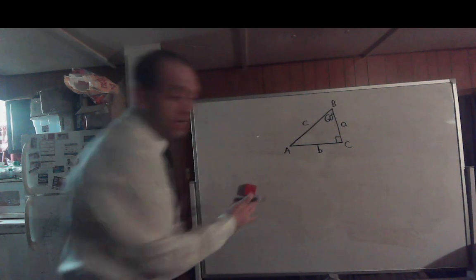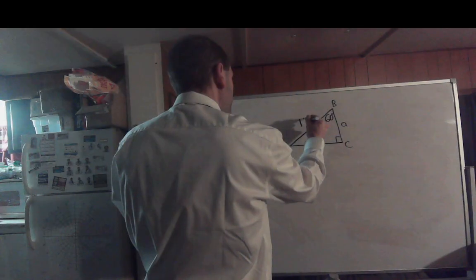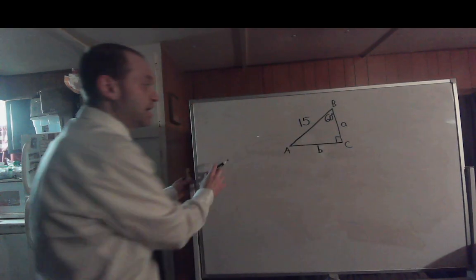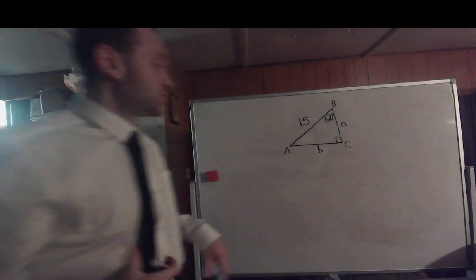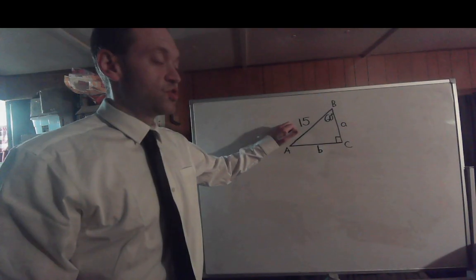We are given this time that angle B equals 60 degrees, and that side C equals 15, which is going to be our hypotenuse. So we know one angle and we know the length of one of the sides of the triangle.